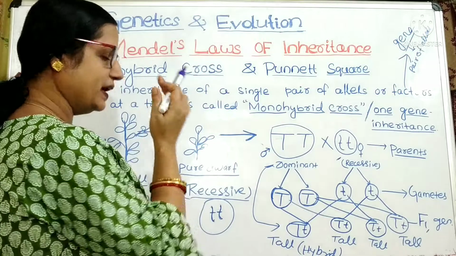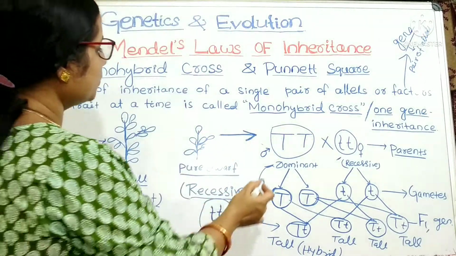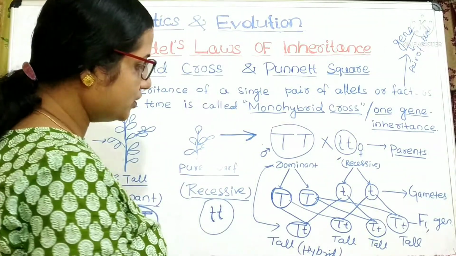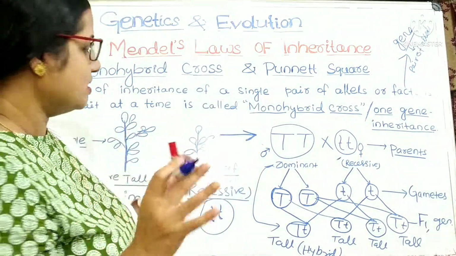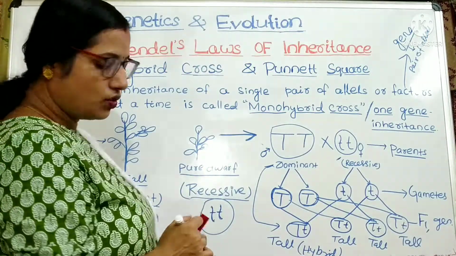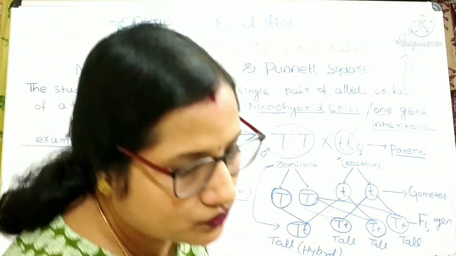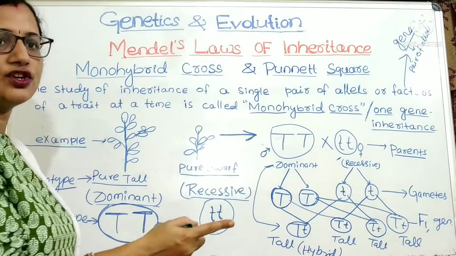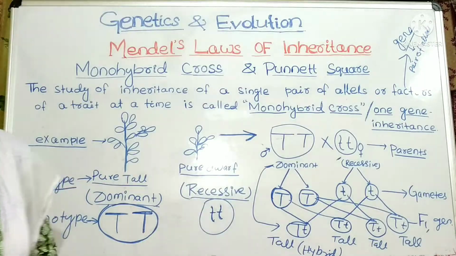Mendel observed that the dominant character expressed in F1 generation, that all plants are tall, that is hybrid tall. So let's see the F2 generation, how the F2 generation is produced.